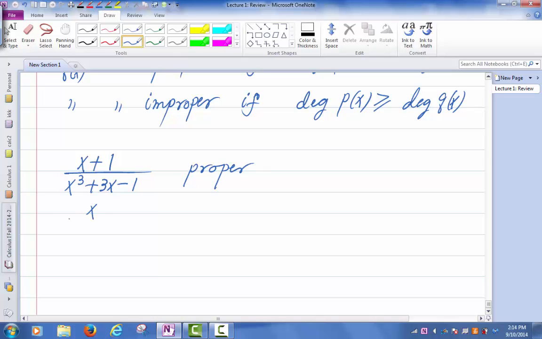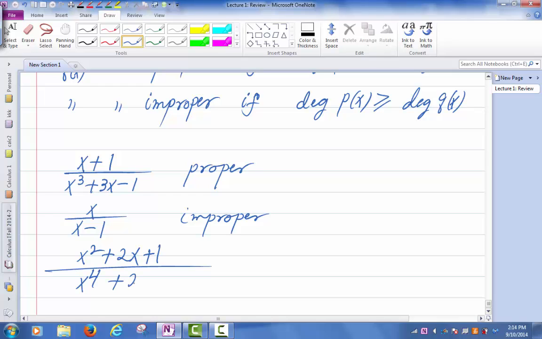How about x over x minus 1? Improper. Or how about x squared plus 2x plus 1 over x to the 4 plus 2? That's improper as well, right?